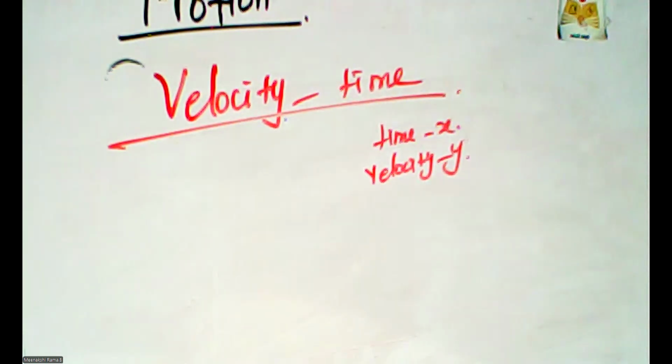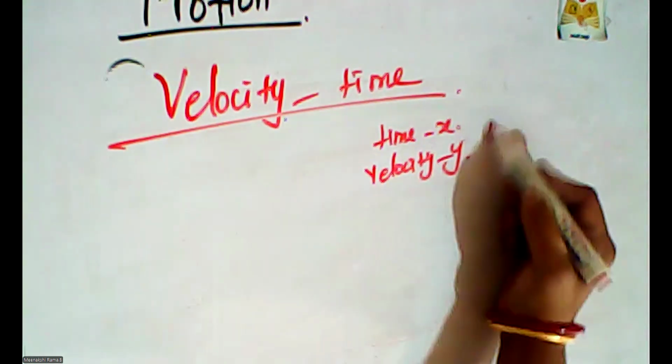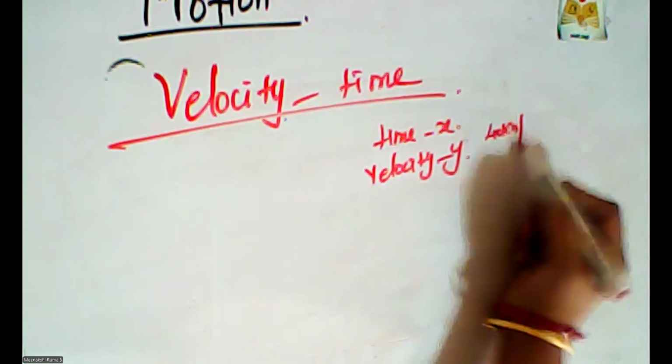So the velocity-time graph shows the velocity of a car moving with uniform velocity, that is 40 kilometers per hour.